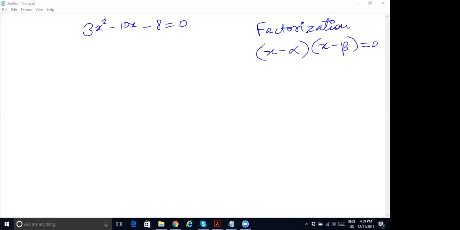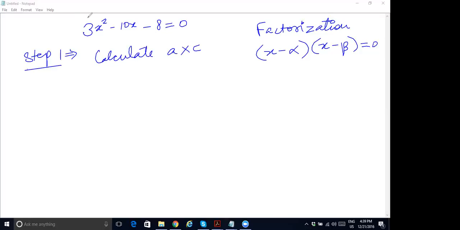So, in order to factorize this, we follow a series of steps. Step 1 is to calculate the value of a times c.